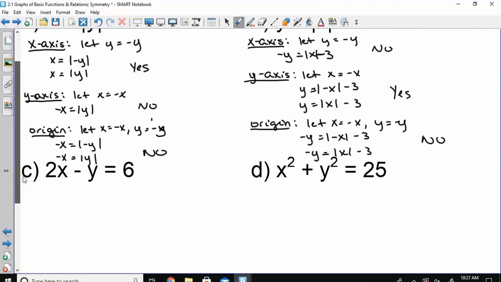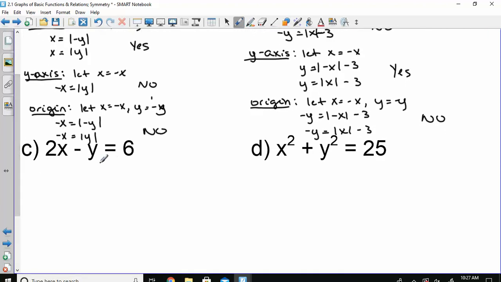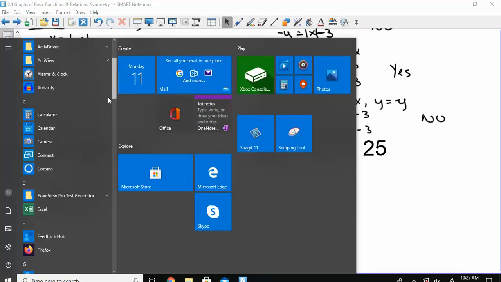Okay, do you want to talk about using the graph for one of these? So you can keep doing what we're doing. On C, if I wanted to use my graphing calculator, what would I need to do? So I could add my y over, and then subtract my 6.